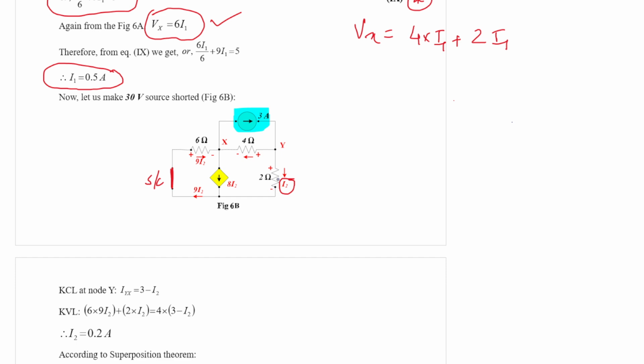Now as per this convention, if this is I2, then the dependent source magnitude must be 8I2. So this current must be 9I2. This 9I2 must be flowing through the 6 ohm resistor. So let me analyze the circuit point by point.